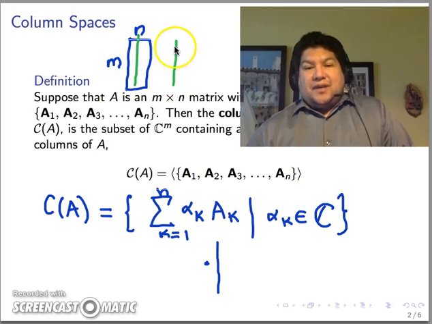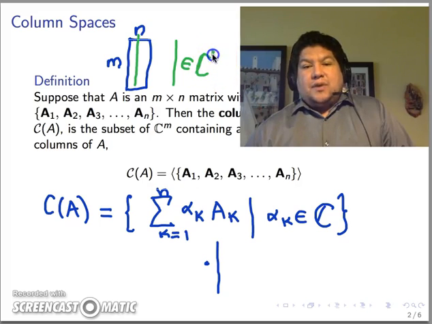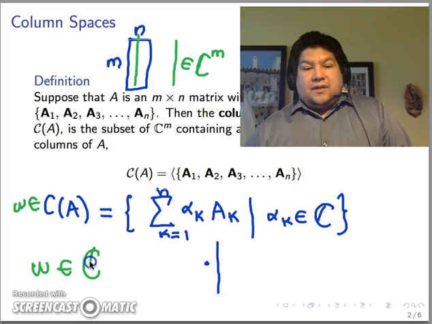Each column, which is this vertical stick here, is a member of C sub m, right? So the length of that column is m. There are m entries. That means that if W is a member of the column space of A, then W is a vector in C m, a vector that has m entries. Okay?